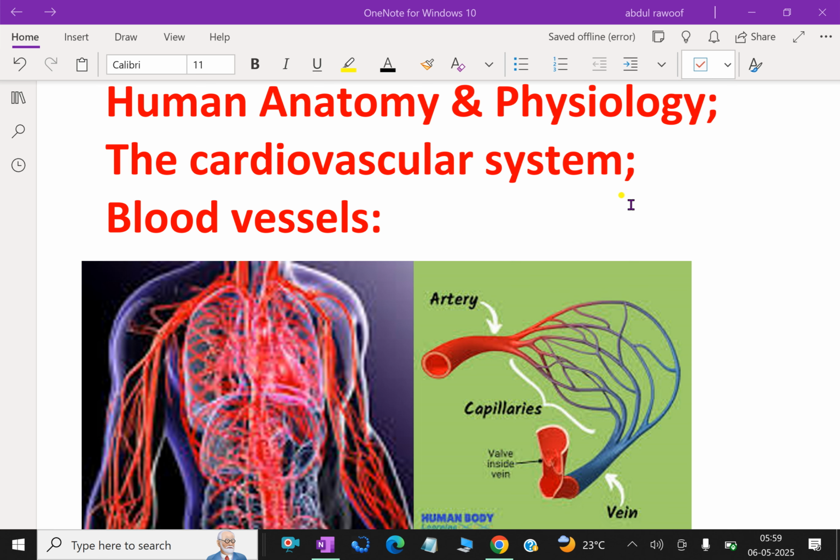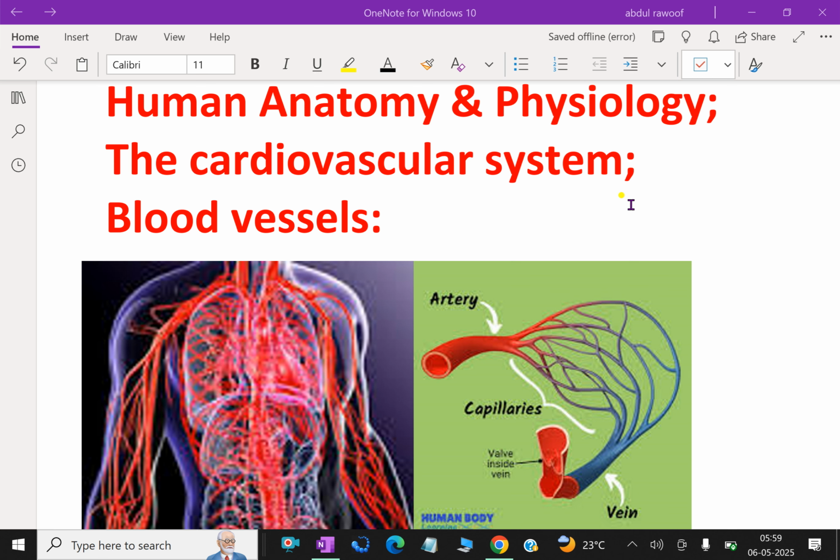Veins and venules. What are veins and venules? Veins return blood at low pressure to the heart. The walls of the veins are thinner than arteries but have the same three layers of tissue. Some veins possess valves which prevent backflow of blood, ensuring that the flow is towards the heart.